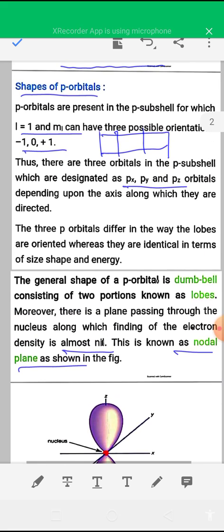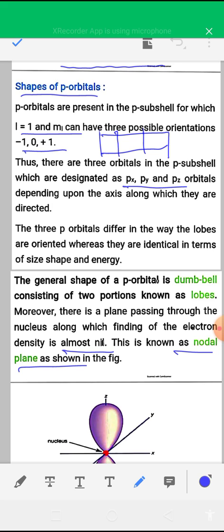I have told that the p subshell has three p orbitals, designated as px, py and pz depending upon the axis along which they are directed.